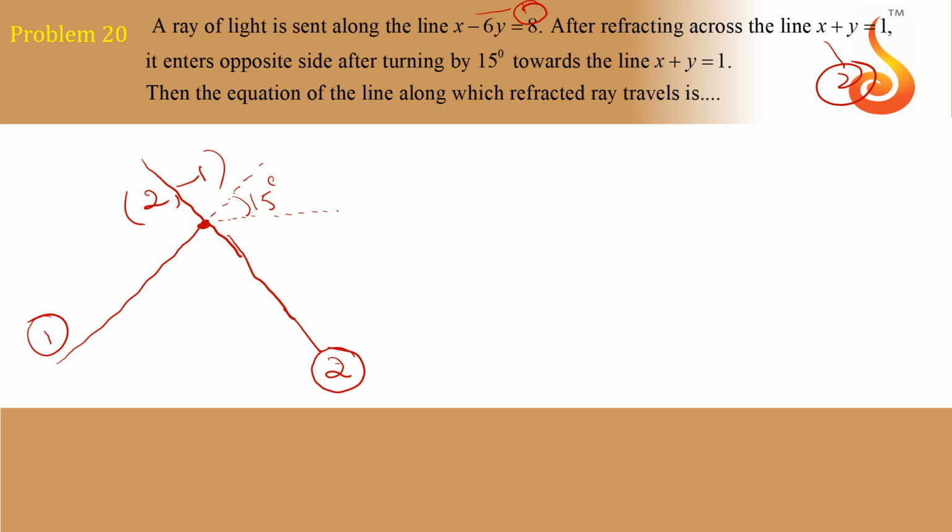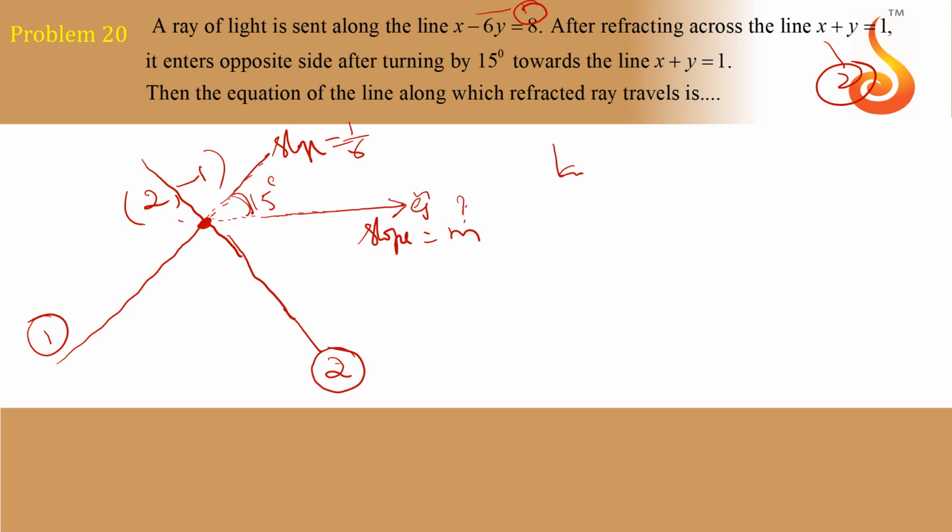Okay, then I want this new equation. Now this refracted equation I want. What is this equation? Let us assume, because the point you know is 2 comma minus 1, let the slope be m, and 15 degrees is the angle between line 1 and the required line. So slope of this line is how much? 1 by 6.